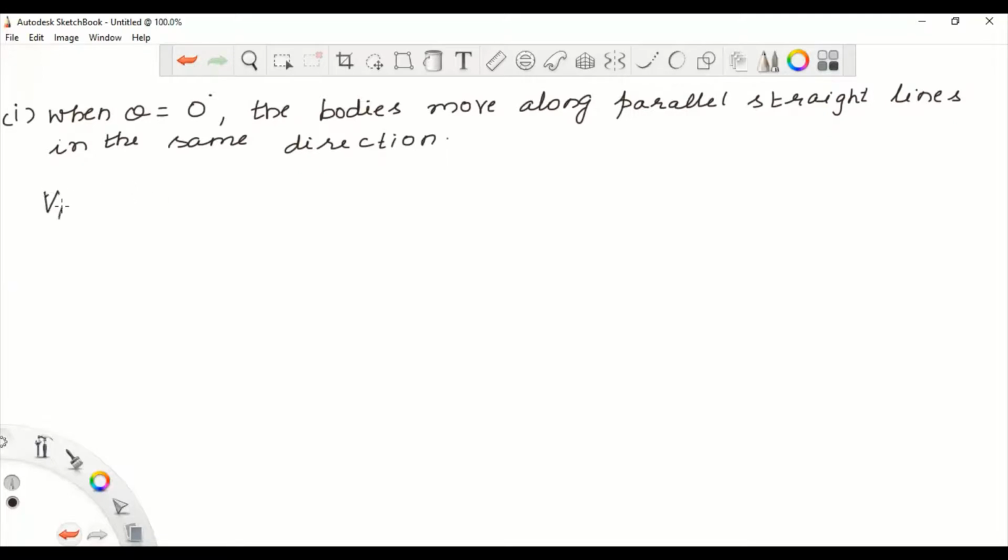Because we know that VAB is equal to VA minus VB.